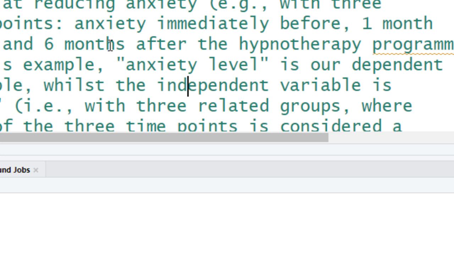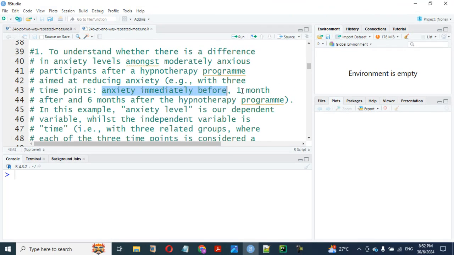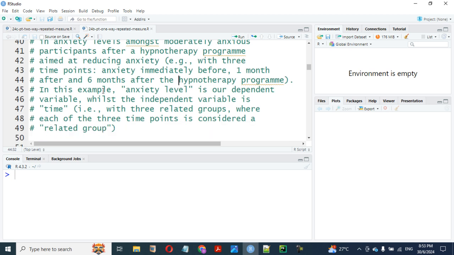You can see that AM, 1M, 6M: AM means immediately, 1M means 1 month, 6M means 6 months. In your variable column you cannot be writing this long thing. You can't be doing this, you have to shorten it. So that's why I'm using that for you as a sample.